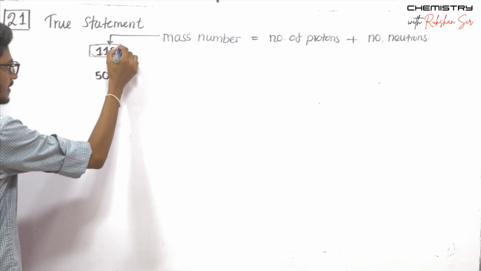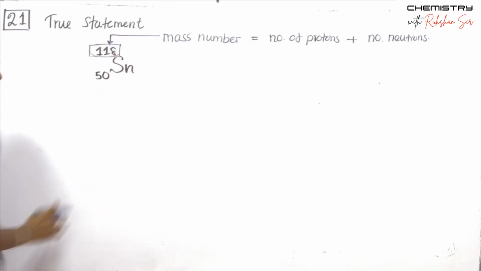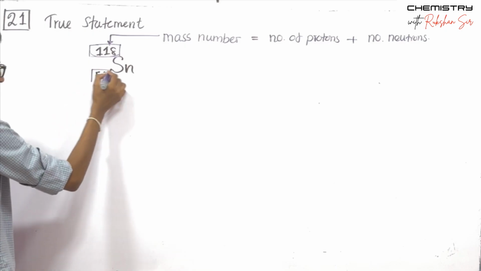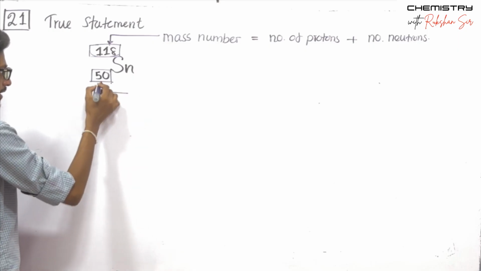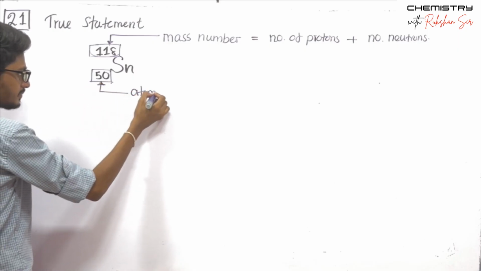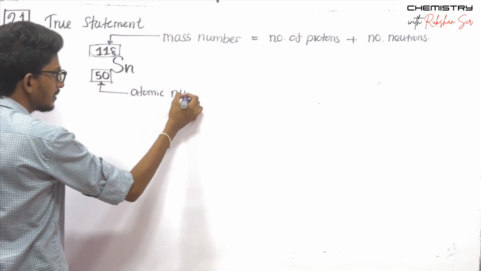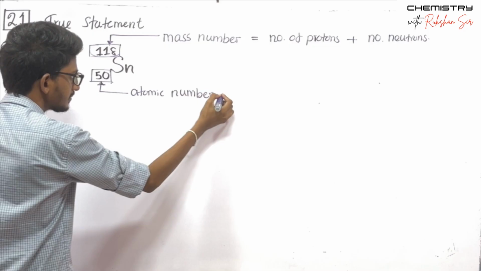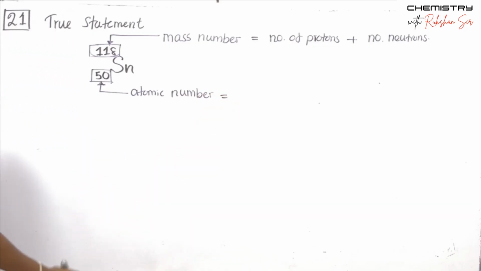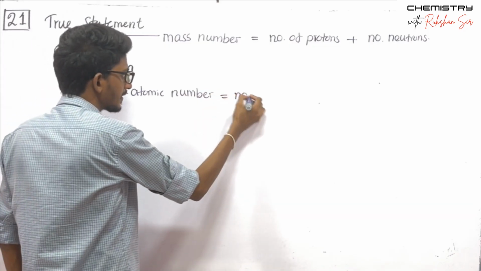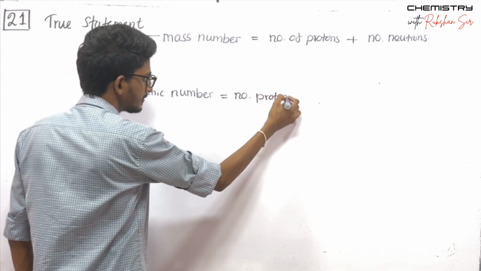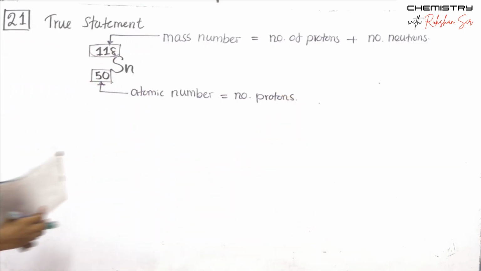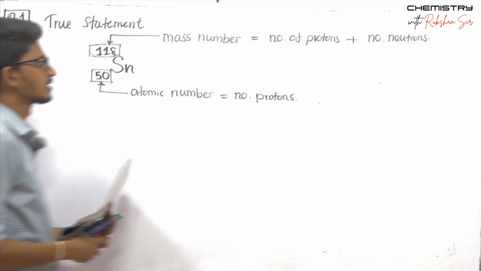So that was the concept of the mass number, and this one represents the atomic number, which is the number of protons in your atom.